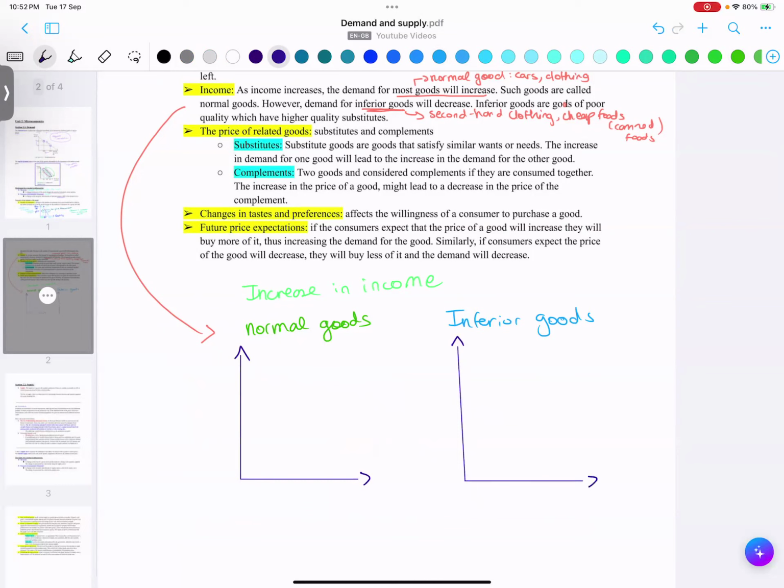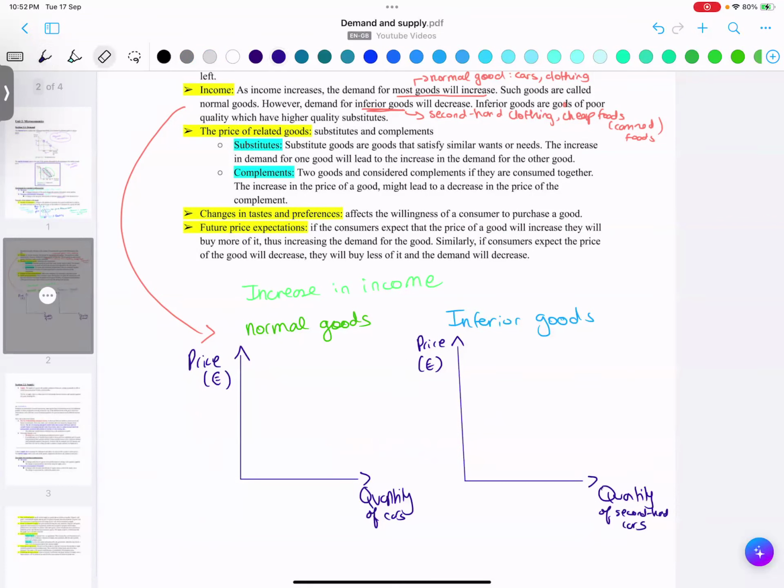So let's say here we have price. Let's say the price in this case is in euros. So we have the price in euros. Let's say you have quantity of, let's say, cars, and here we'll say of second-hand cars, like used cars.